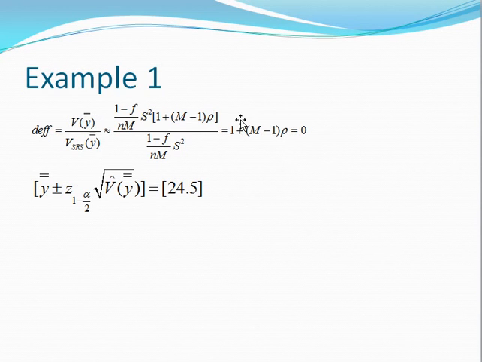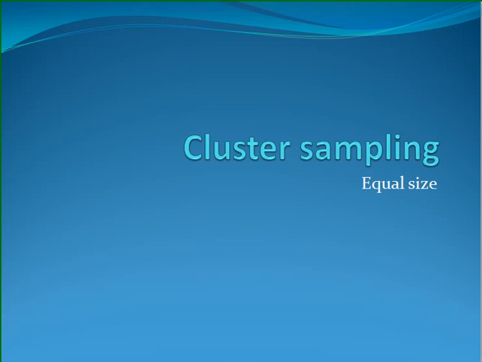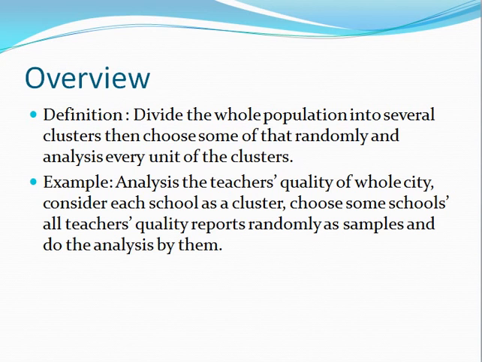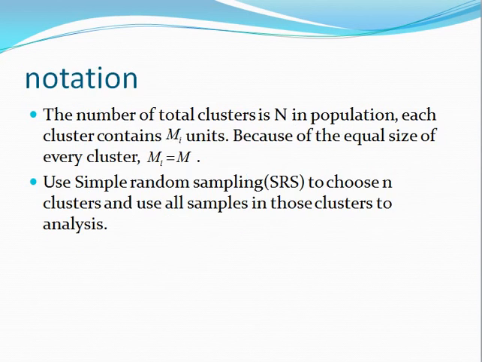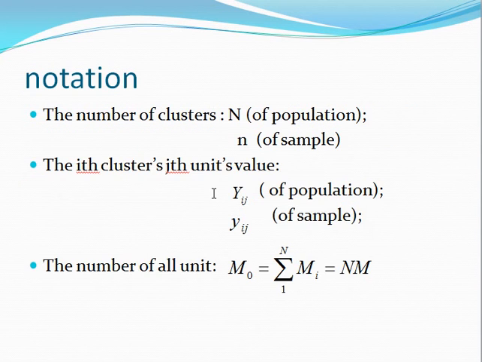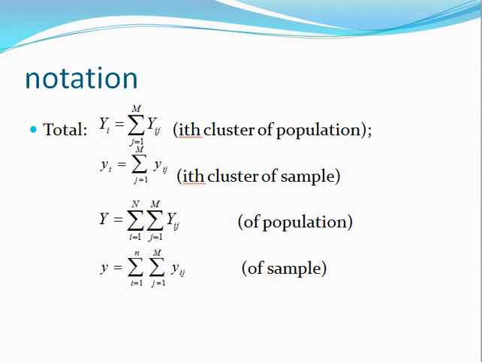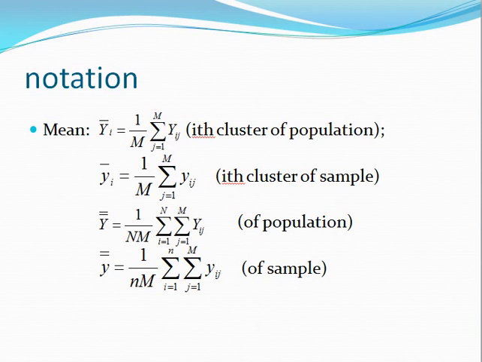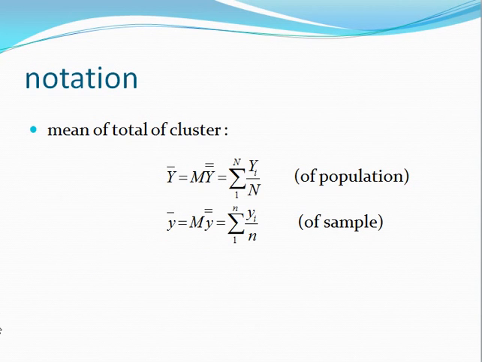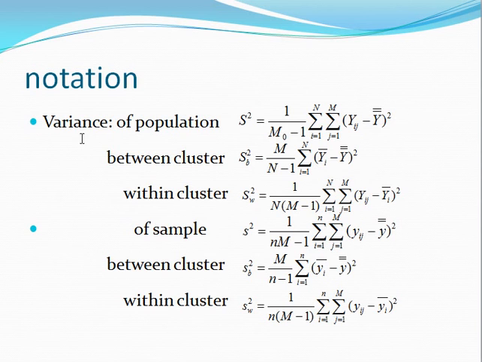So in conclusion, what can we get from this talk? First, we got the definition of cluster sampling, what it is, and the notation about that: the number, the total number, the value, the total value, the mean value, the mean of total value, and the variance of the population between and inside clusters.